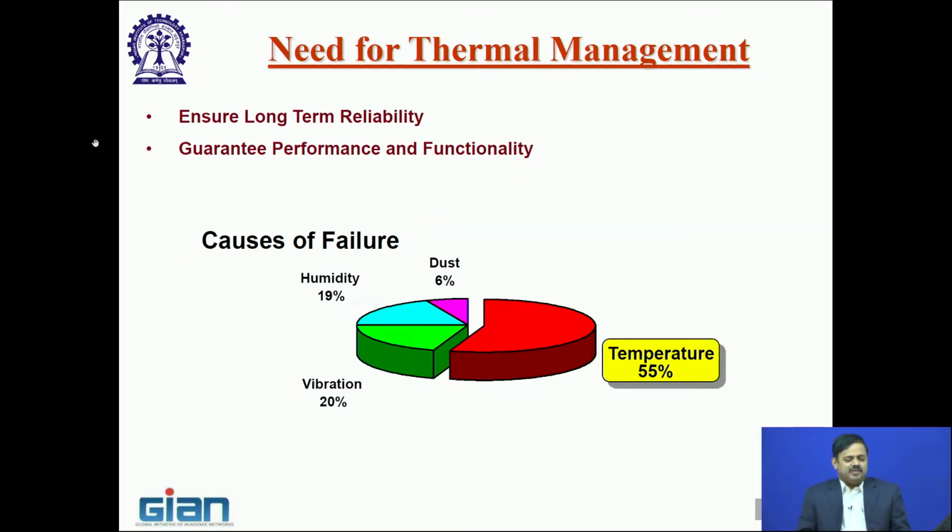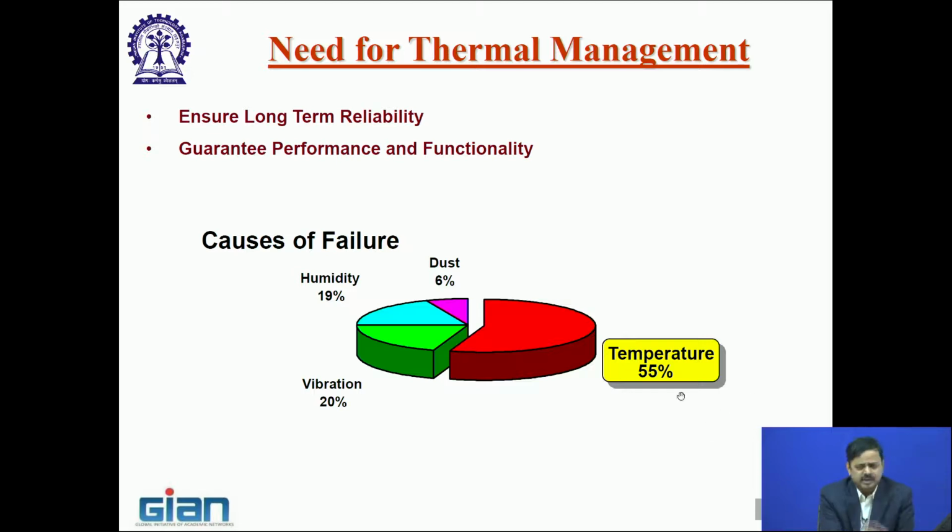Now, let us start with a few words about the need for thermal management. This pie chart is a little dated, I would say about 7 to 8 years, but I think the basic message does not change. If you look at the various causes of failure of electronic packages and systems, you see a major chunk of the pie is due to temperature, due to overheating, where the temperature of the device, of the die, of the CPU in the case of computers, exceeded the threshold limit and thereafter failed.